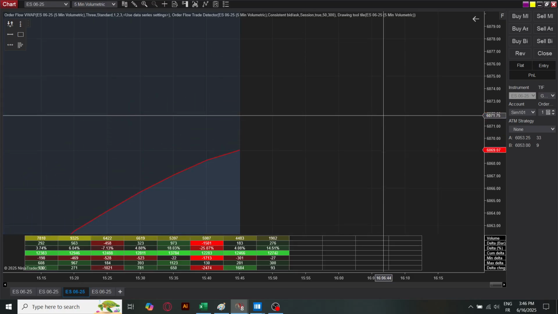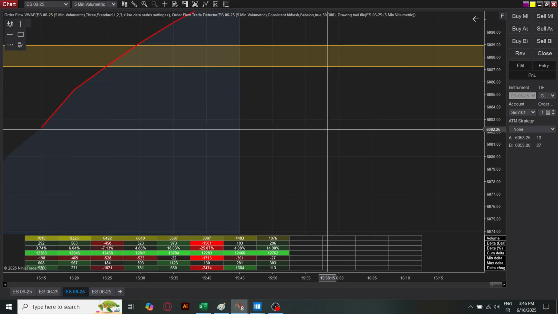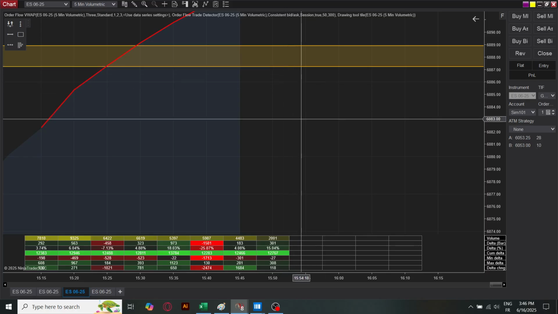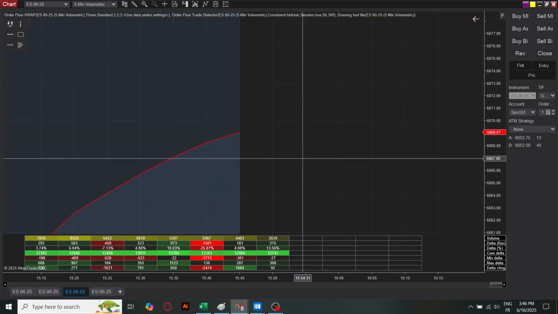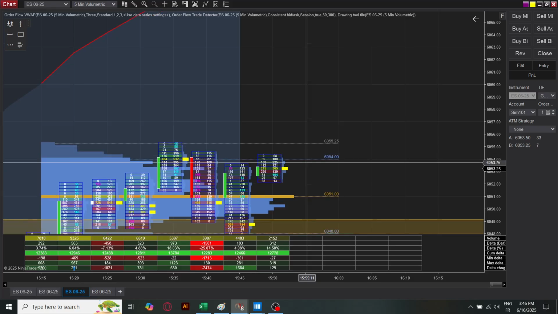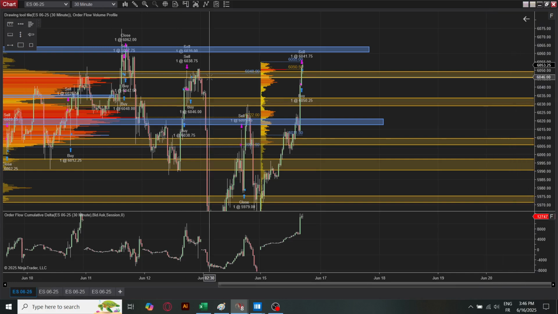So either we go to this level, because this is a strong bullish move from the past, like four months ago, or we just go short from here to this level over here, let's say about 45.